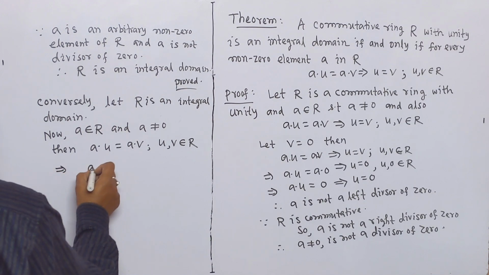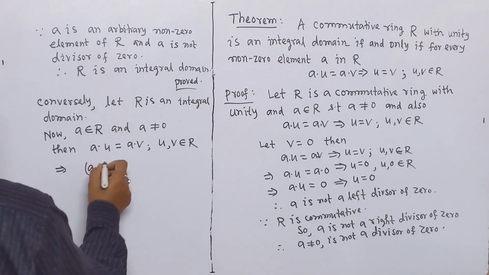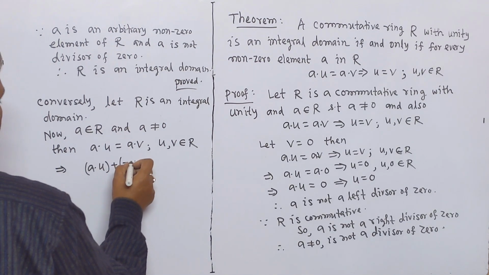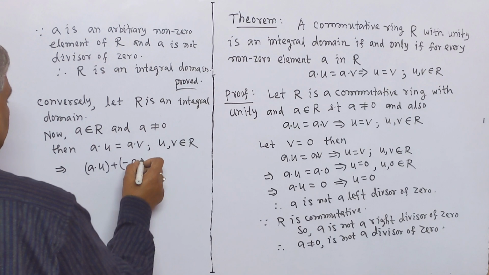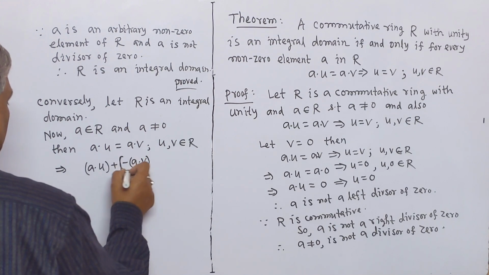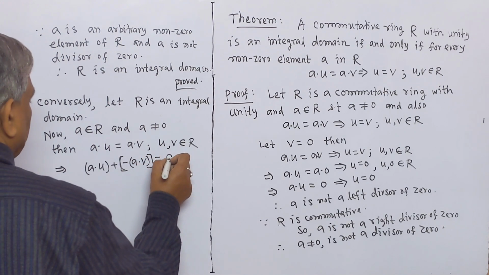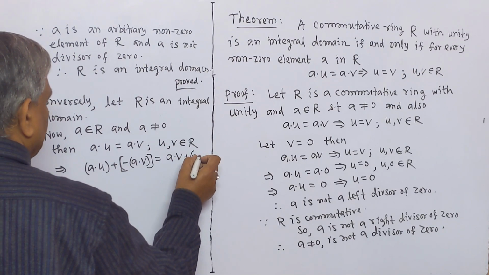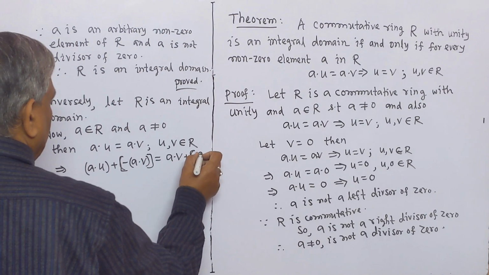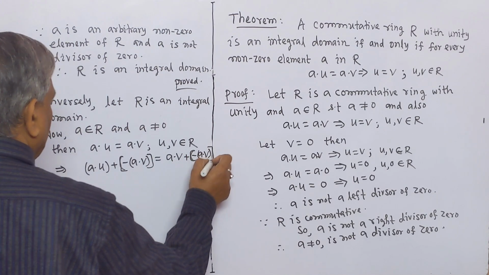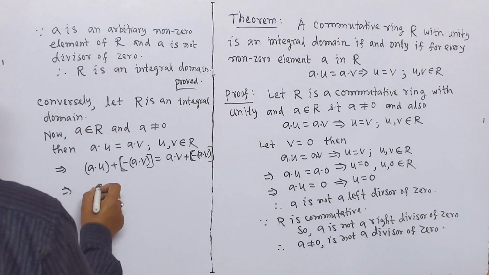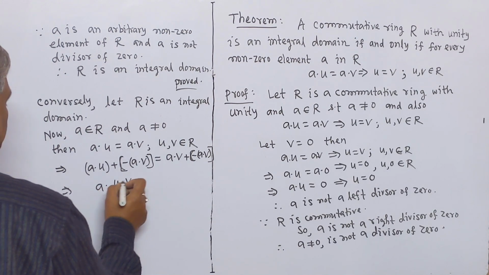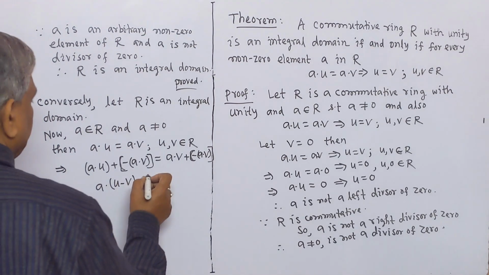Implies that a multiply u plus minus a multiply v equal to a multiply v plus minus a multiply v, implies that a multiply u minus v, by distributive law.